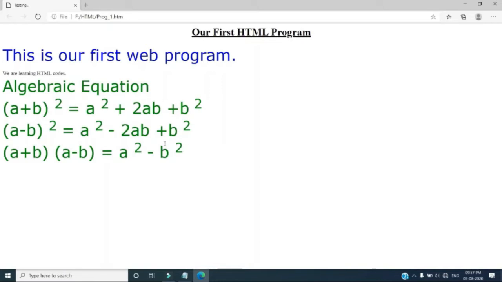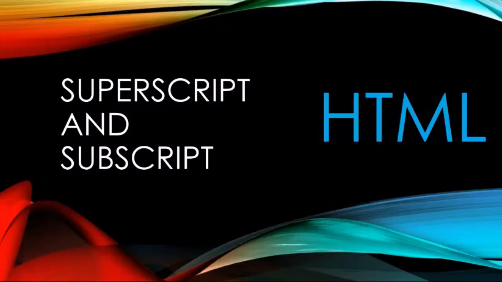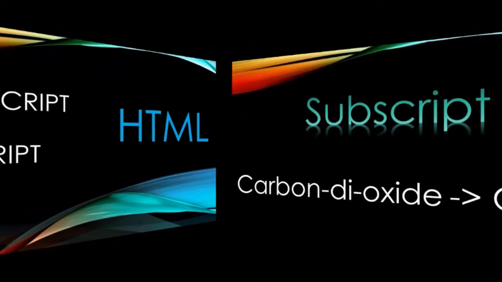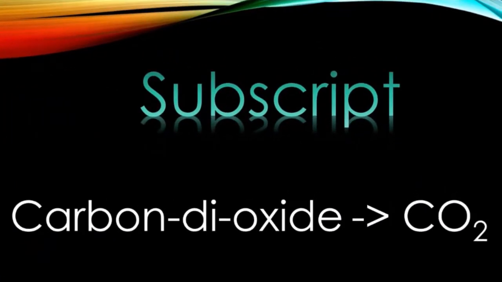Now we will do subscript. Suppose in our web page we want to display the chemical formula of carbon dioxide, CO2. Now look at the position of 2. 2 is a little bit lower than the normal position.